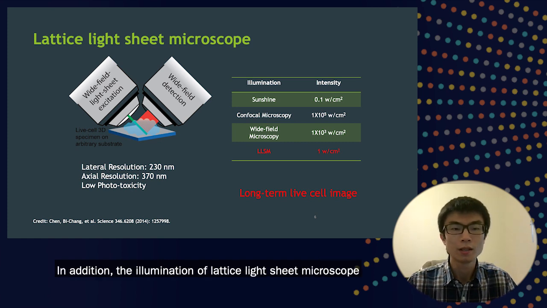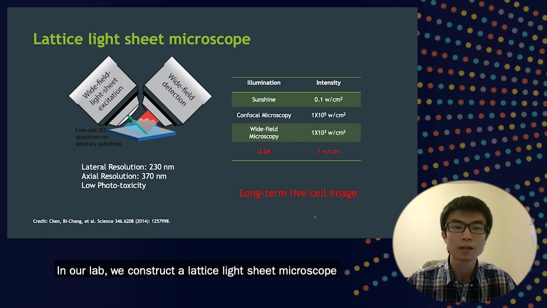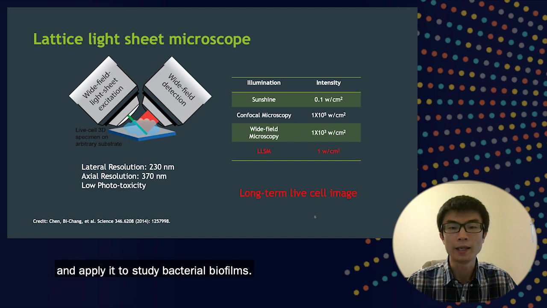In addition, the illumination intensity of the Lattice light sheet microscope on the sample is comparable to sunshine. The low phototoxicity makes it suitable to image live bacterial biofilms for long term. In our lab, we constructed a Lattice light sheet microscope and apply it to study bacterial biofilms.